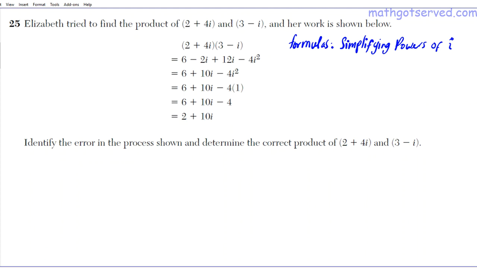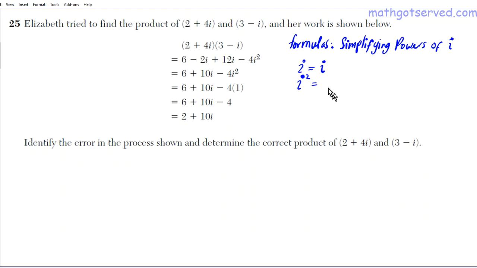So let's say you have i to the first power. i to the first power is just i. It needs no simplification. If you raise i to the second power, this is basically squaring the square root of -1. By definition, i is the square root of -1.